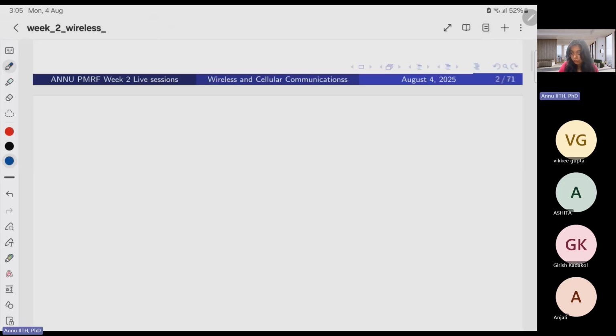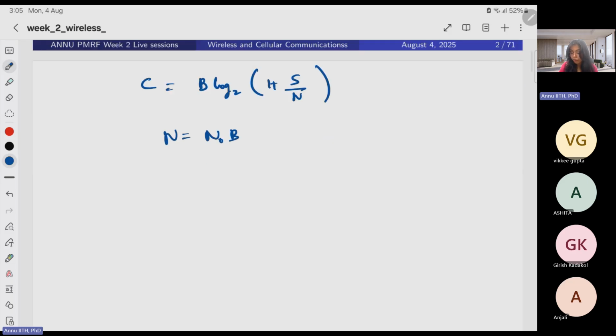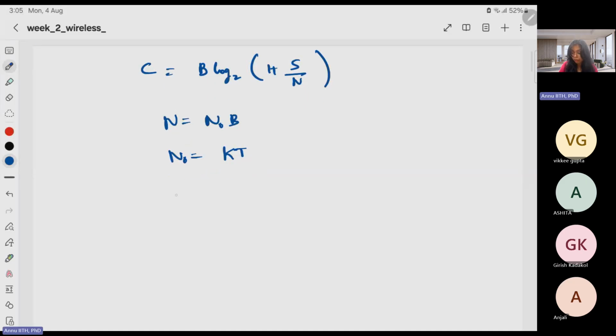Because in the last lecture we saw C equals B log2(1 plus S by N), where N equals N0 times B, and N0 equals KT. So here, C equals B log2(1 plus S by KTB).